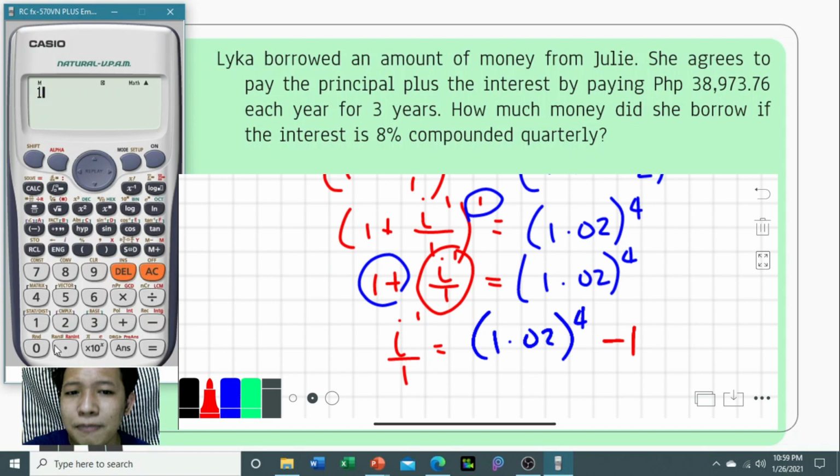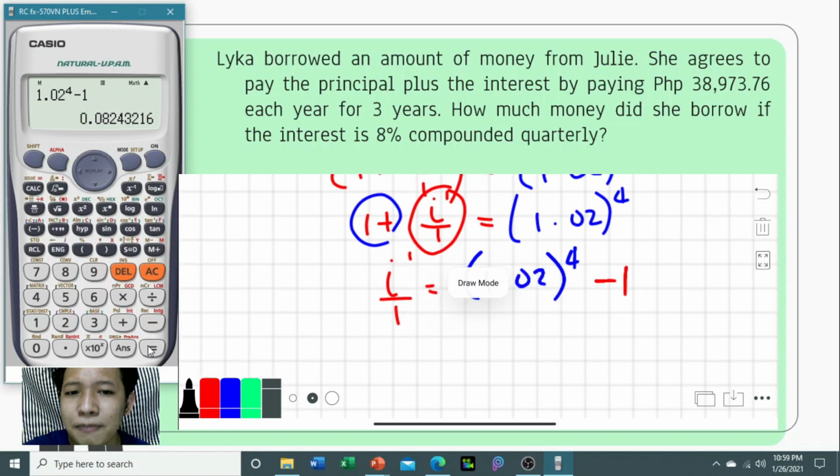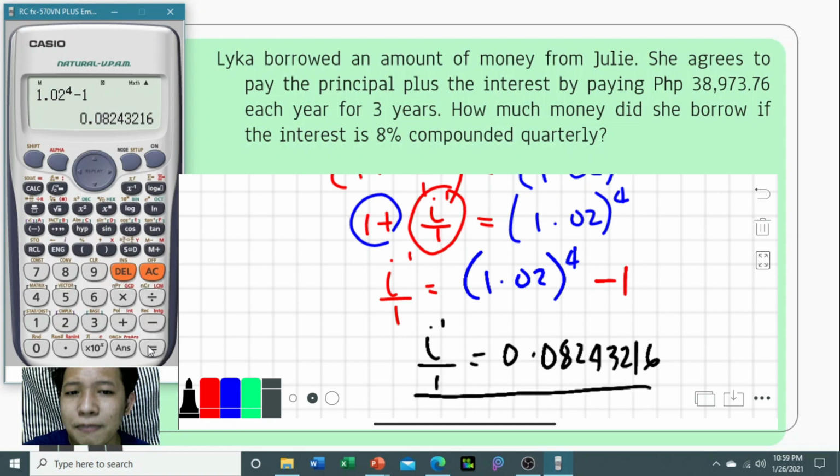So the value of our j, which is i^(1)/1, yung j na yearly, is equal to 0.08243216.